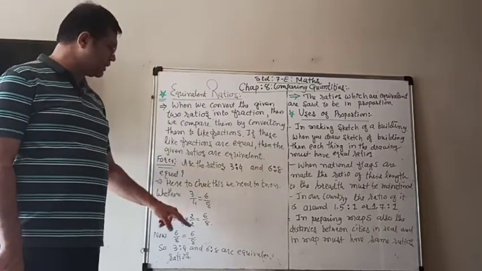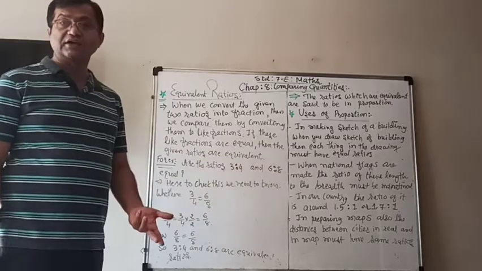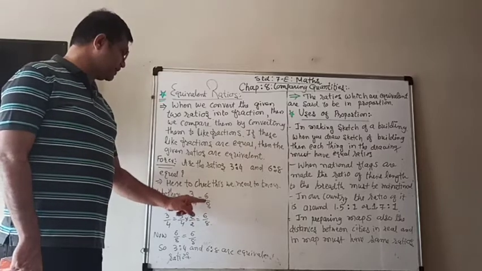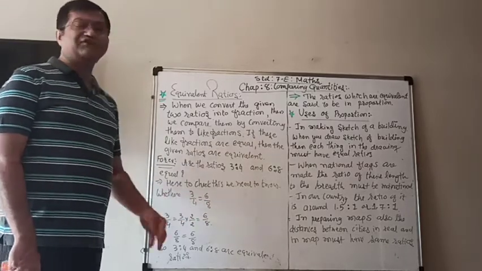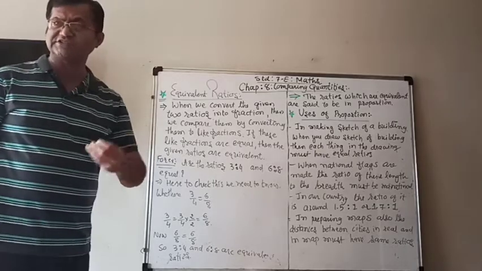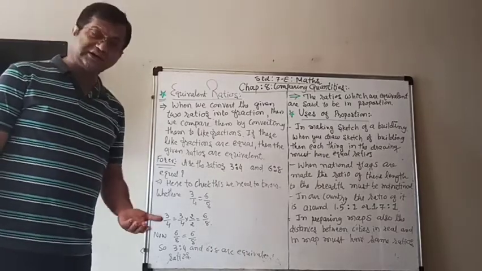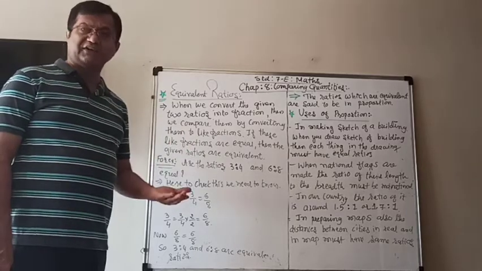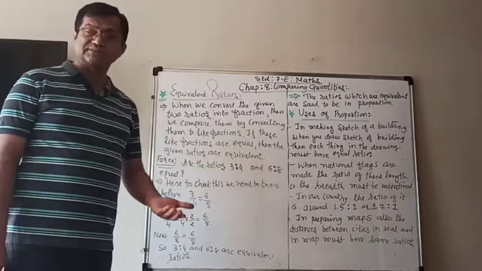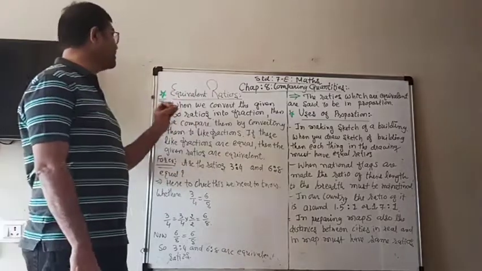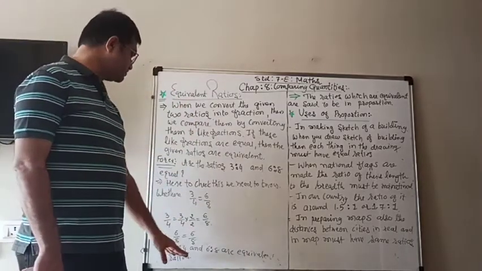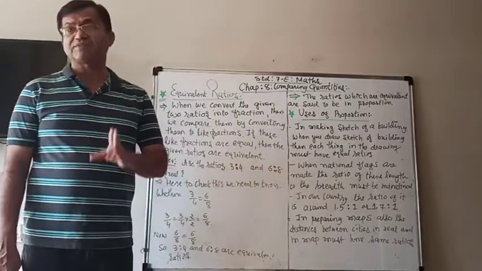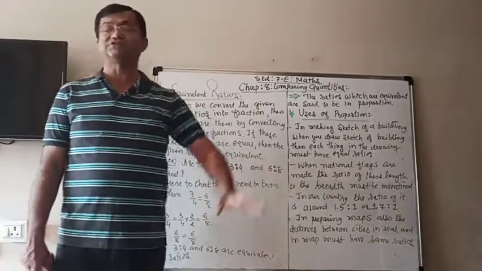We multiply by 2 in numerator and denominator, so we get 6 by 8. And the other is already 6 by 8. Both the like fractions are equal, 6 by 8 and 6 by 8. It means that they are equivalent fractions, and if they are equivalent fractions, the related ratios are also equivalent ratios. So 3:4 and 6:8 are equivalent ratios.